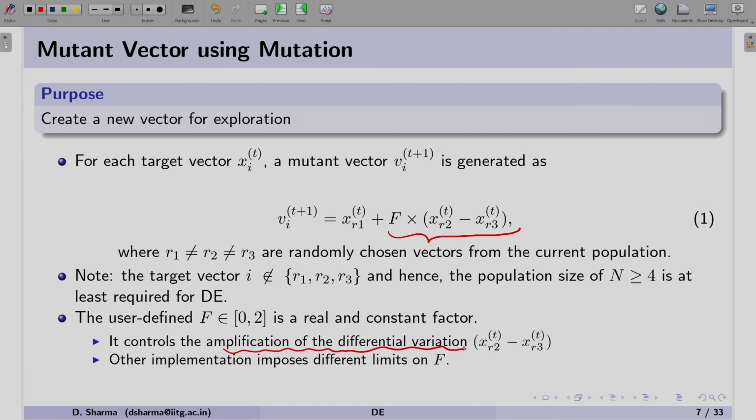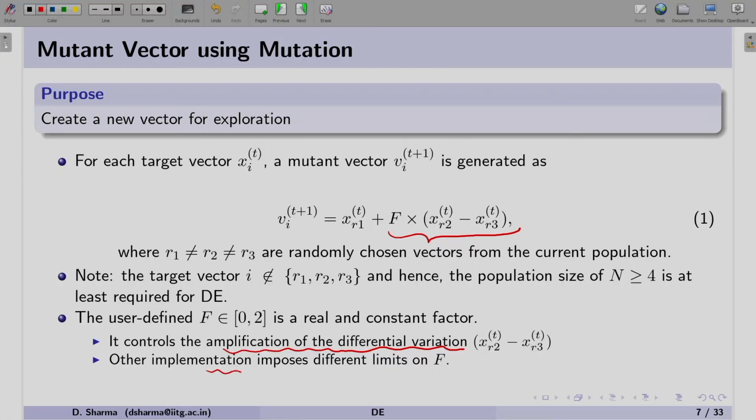Since we are subtracting these 2 vectors, how much effect are we going to use? If the value of f is smaller than 1, this means that we are going to take less effect of the difference of these 2 vectors. However, when we take f greater than 1, then we are taking more, a larger component, of the difference of these 2 vectors.